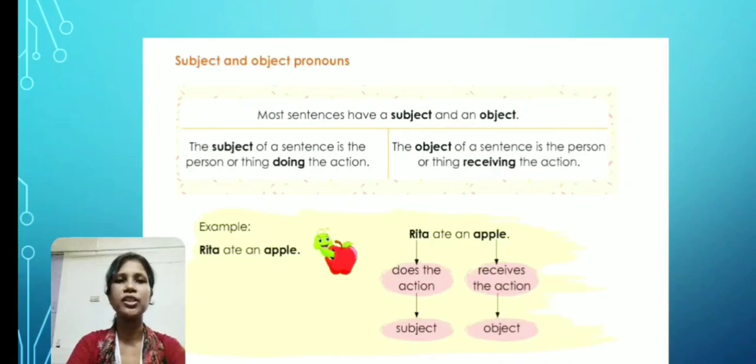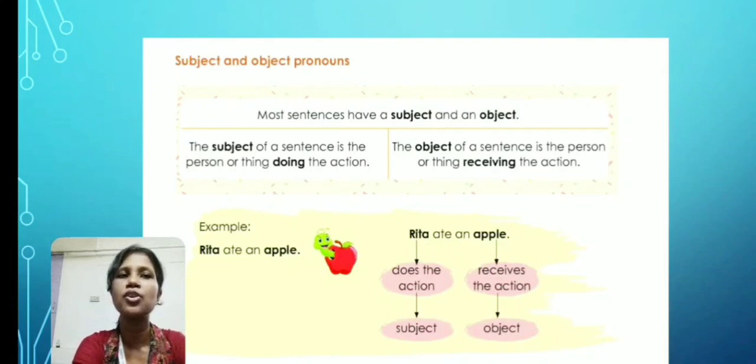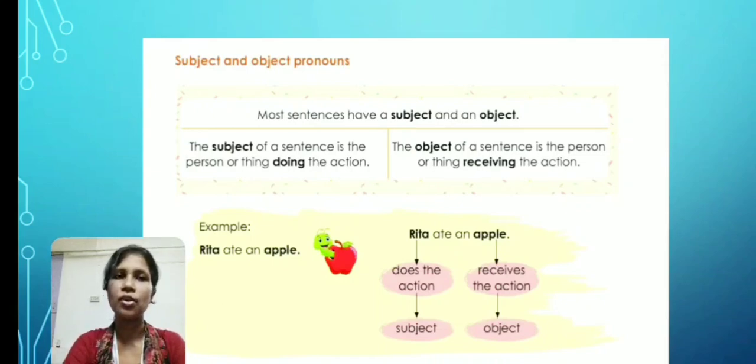The first part of the sentence is the subject, and that means what the action is that the subject will do on the object. And on the other hand, the object of a sentence is the person or thing receiving the action. That means the subject does some action on what? So that is called the object.